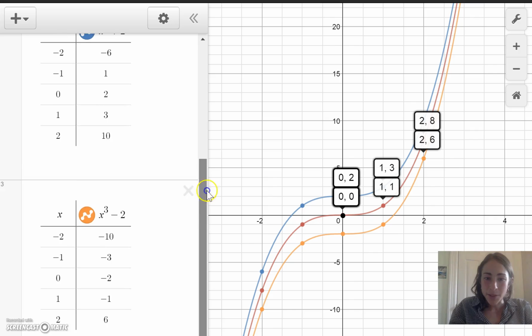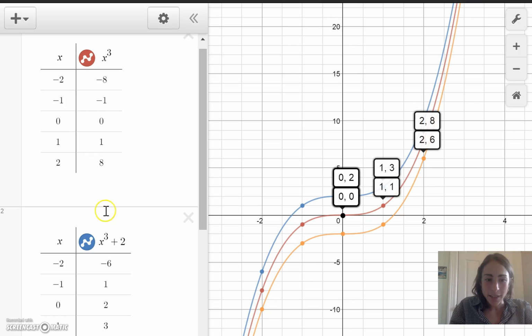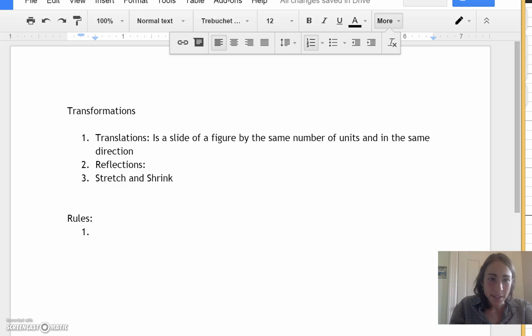So what we're seeing is 2 different kinds of vertical translations. Upwards gives the blue graph. In order to get the y value along the blue graph, you can plug in x into the red graph and then just add 2 onto it. Which is basically like saying take the equation of the red graph, which is x cubed, and add 2. So let's put that into this document as a rule.